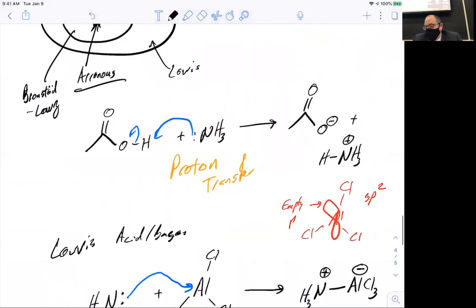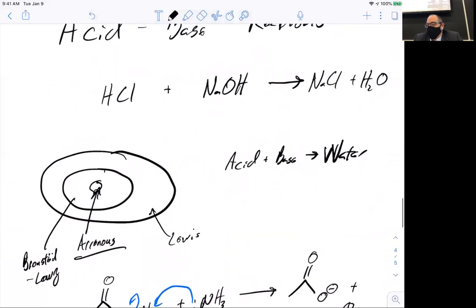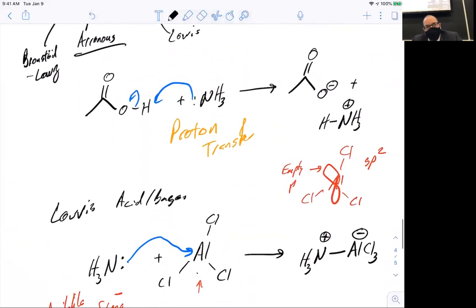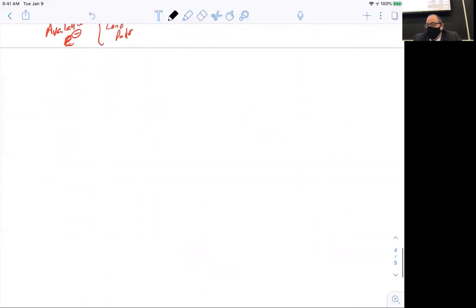Now you'll be asked, where is the question on here? Well, because Arrhenius is past, what you'll be looking at are questions around identifying Bronsted-Lowry acids and bases and Lewis acids and bases. So one of the questions that comes out of this definition is just, can you identify? So let's try that. I'll put some compounds down.